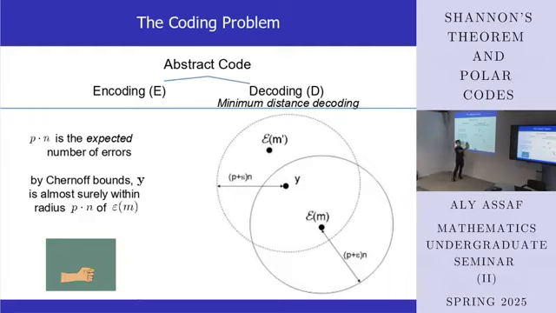Next, we're going to do the same thing for Y. And now I can explain minimum distance decoding. The way that we're going to decode Y and find out what the original message was is we're going to look at what is the closest code word to Y. Then we're going to set Y to that code word and decode it.